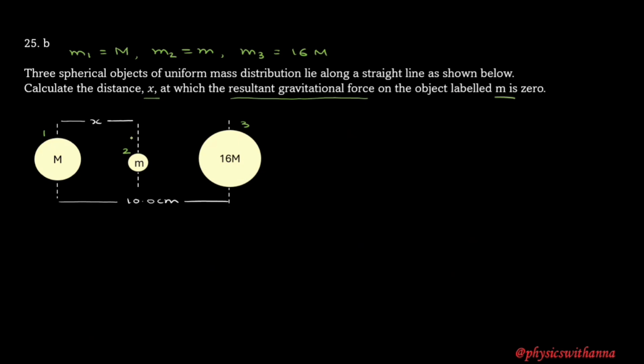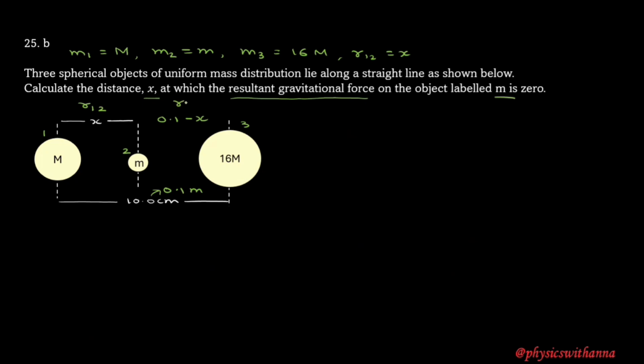Distance between object 1 and 2, we will call it R12, and R12 is equal to x. Distance between object 1 and 3 is 10 centimeter, which you can also write as 0.1 meter. So the distance between object 2 and 3 will become 0.1 minus x, as the total distance is 10 centimeter and a part of it is x, the other part has to be 0.1 minus x.